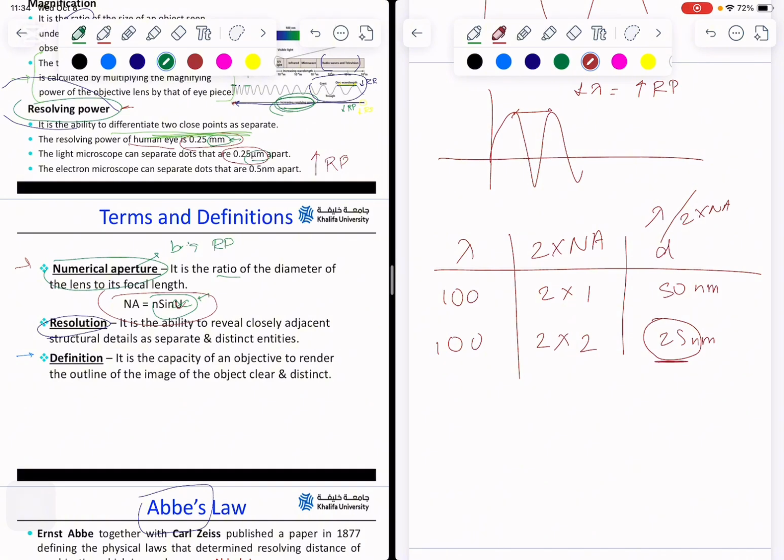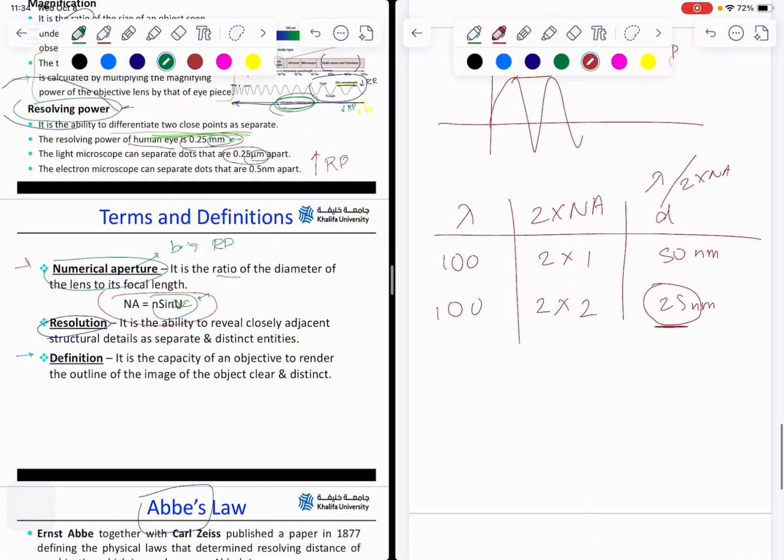The smaller the number, the better the resolution, which comes hand in hand with the equation of NA. NA is the refractive index N times sine alpha. If you increase the NA, you increase the resolving power, which gives you the ability to distinguish between 2 different points.